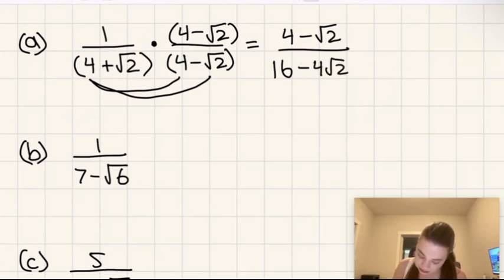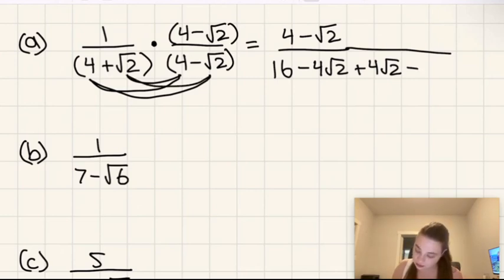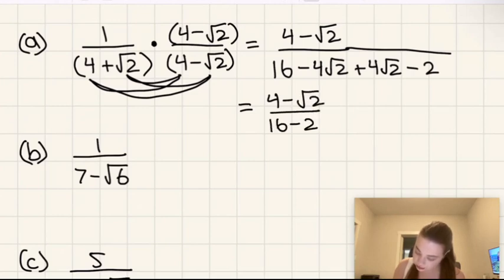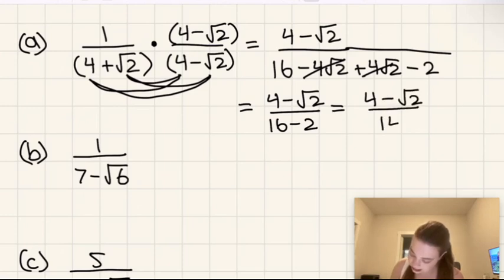And then plus 2 times root 4, so plus 4 root 2. And then the last one is going to be minus root 2 times root 2, which is 2. And so then we're going to have 4 minus root 2 over 16 minus 2, because these cancel each other out. So that's just going to be 4 minus root 2 over 14, like that. And so there we go.